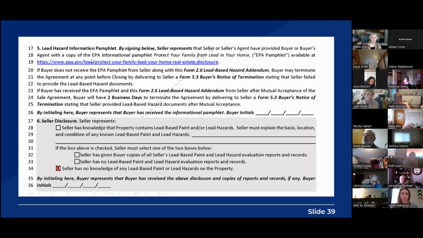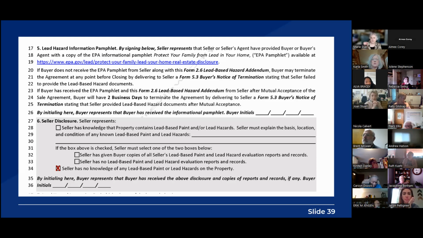So there's that EPA lead protector family booklet that we've seen. If buyer does not receive the EPA pamphlet from seller along with this form, buyer may terminate the agreement at any point before closing by delivering to seller form 5.3, buyer's notice of termination. That's a big issue.